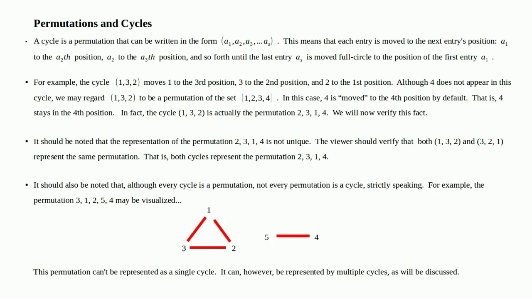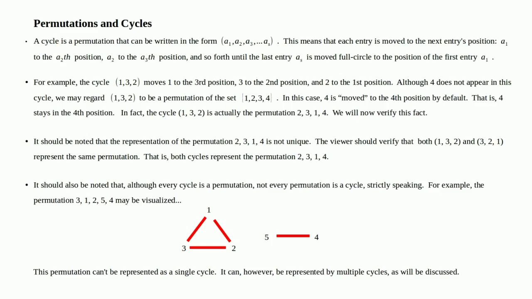But what's left out of the loop here are 5 and 4. 5 is in the fourth position, and 4 is in the fifth position. So those two are connected in that way. 5 goes to 4, and 4 goes to 5. So this permutation can't be represented as a single cycle. It can, however, be represented by multiple cycles, as will be discussed.